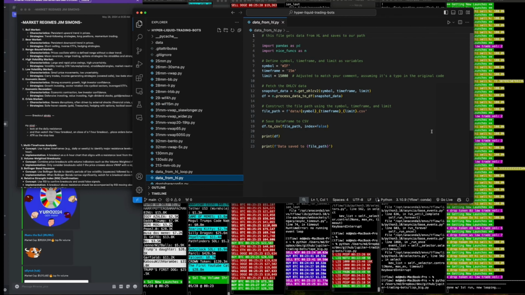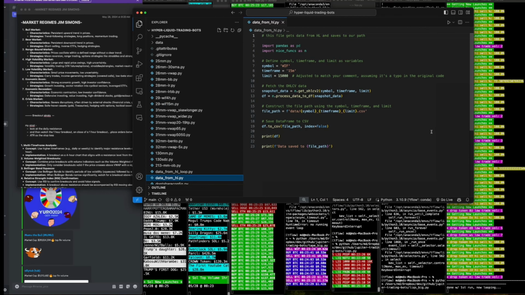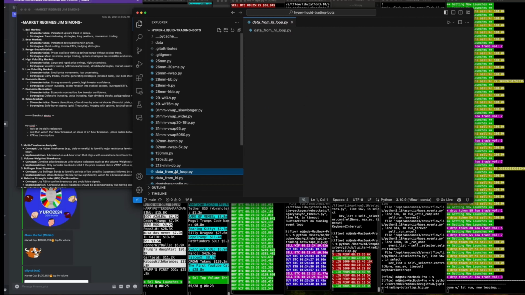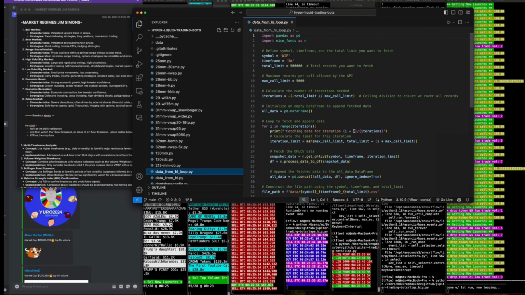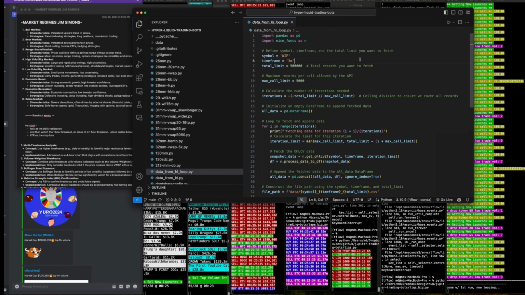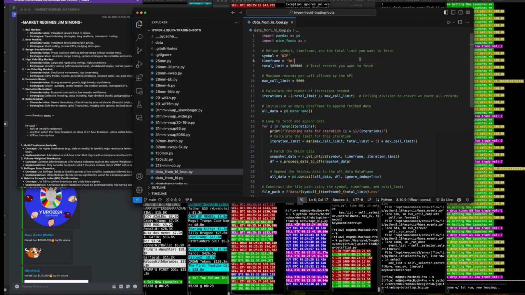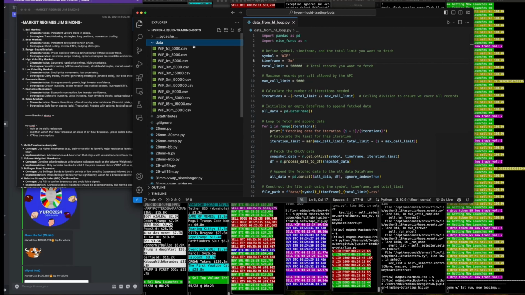This data from Hyperliquid is interesting. Let's see how much data we can get. I should put the data into the data file here, and I'm going to set it at 3 minutes.